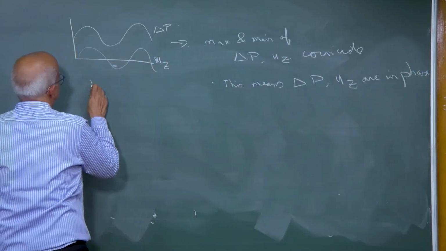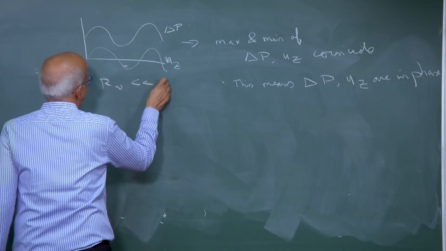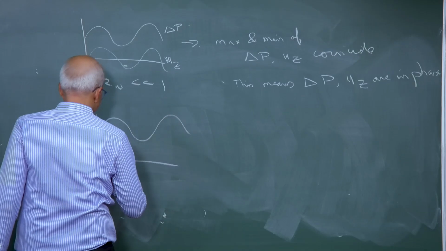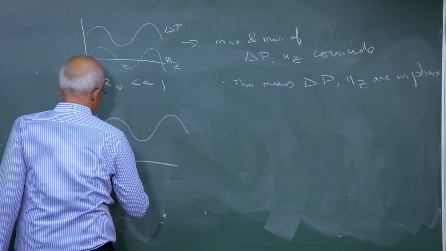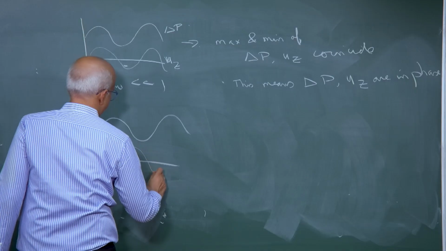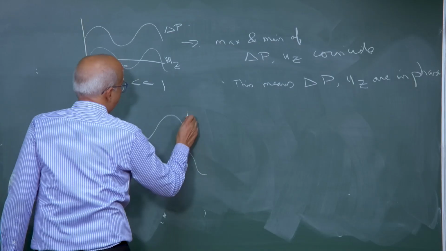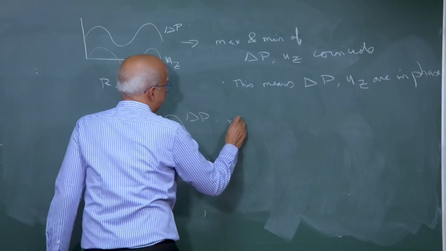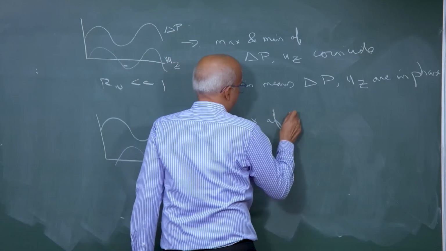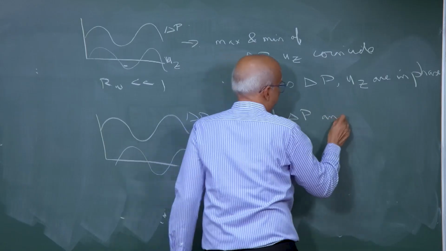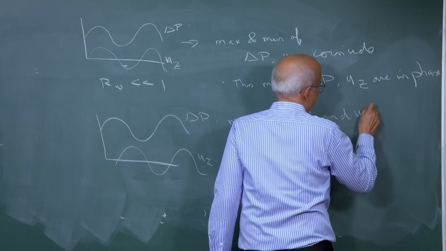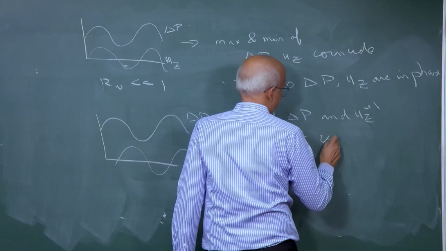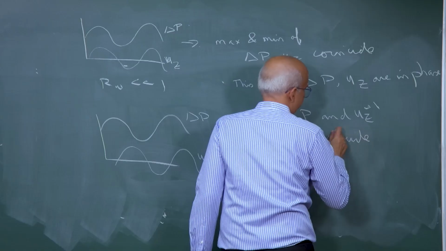And this is the situation for RW very much less than 1. For general RW, the thing may be shifted. The maxima of delta p and uz star of 1 do not coincide.